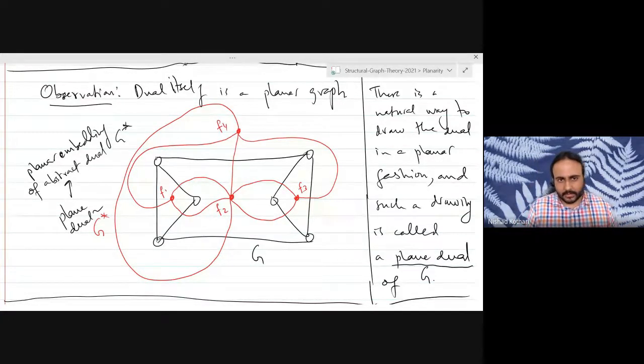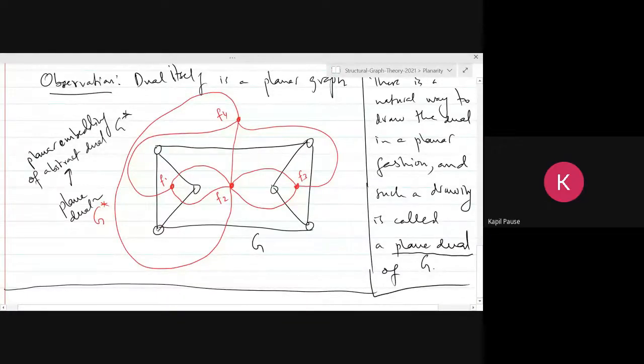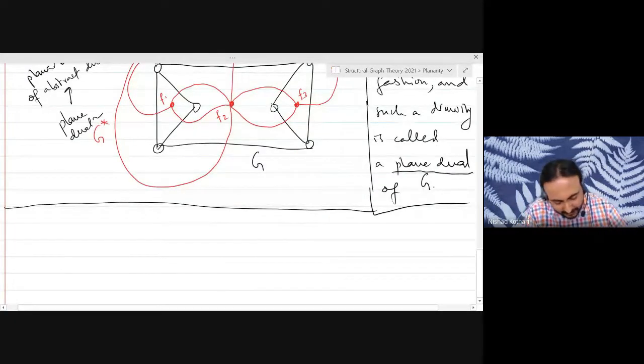All right. So that's all for now. And because from this diagram, it also seems clear that the dual of the dual is the same. Dual of dual are isomorphic. Yes, but it's not true if the graph G is disconnected. So try a disconnected graph. Do it yourself.